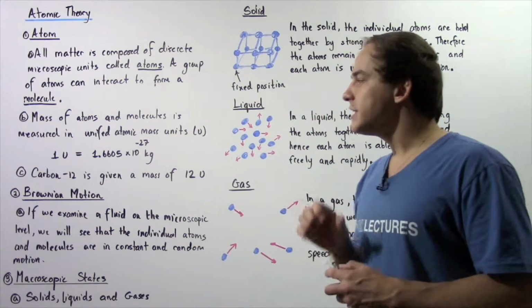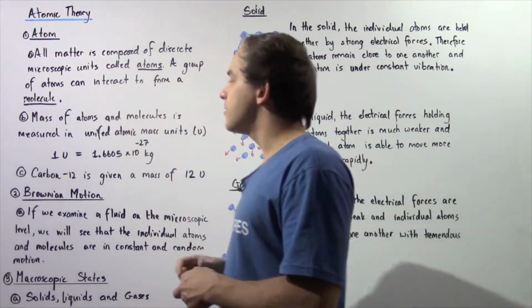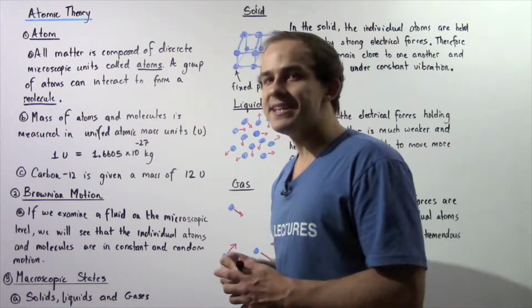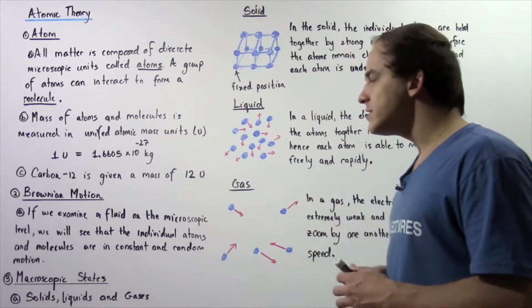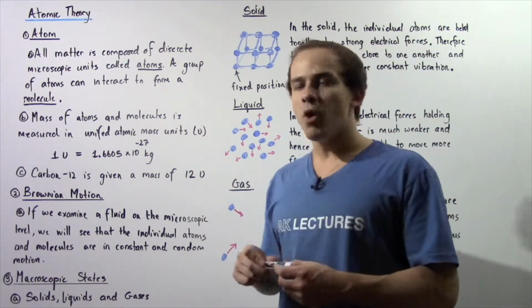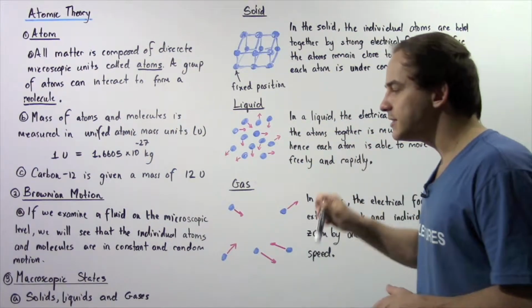Now, one very common piece of evidence that gives rise to the atomic theory is Brownian motion. So if we examine a fluid on the microscopic level, we will see that the individual atoms and molecules composing that fluid are in constant, rapid, and random motion.